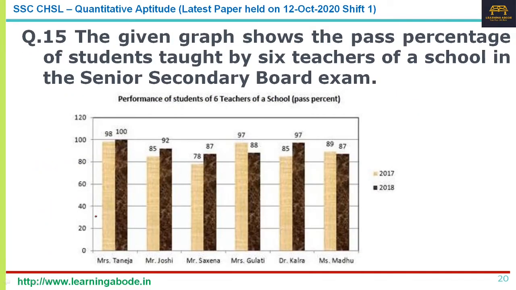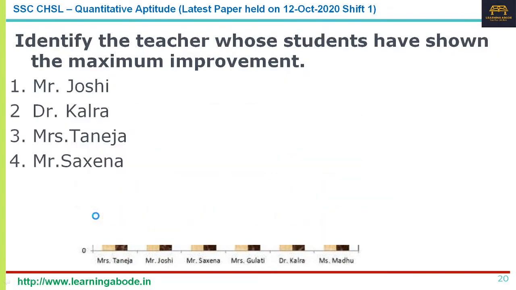Question number 15, it's a very simple data interpretation question. What has been given here is that 6 teachers teach a particular class, and their students have written the senior secondary board examination. They are showing the pass percentage between 2017 and 2018.